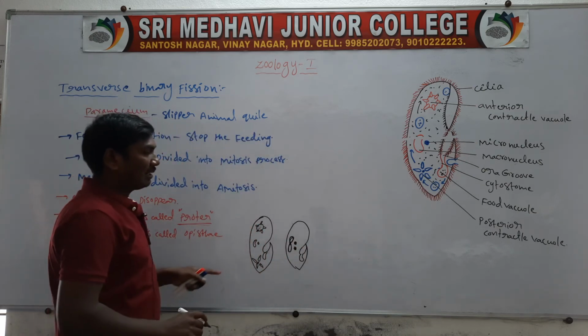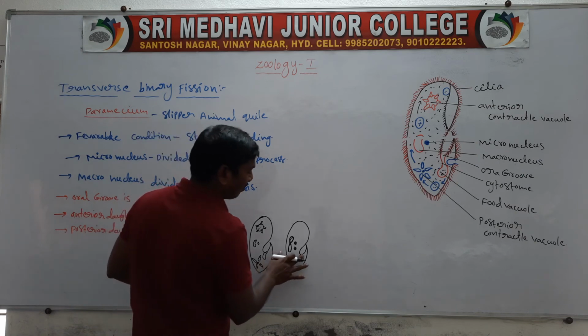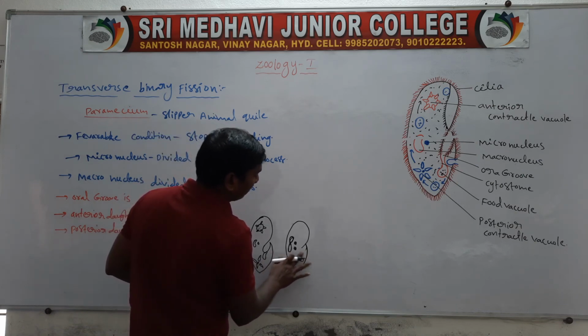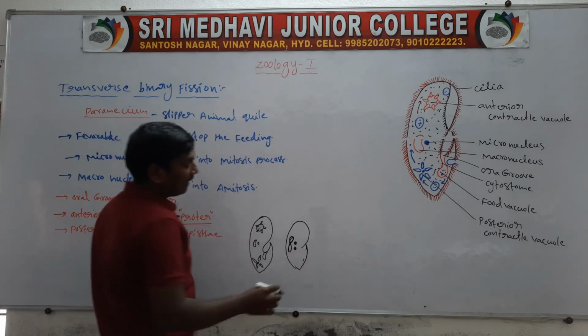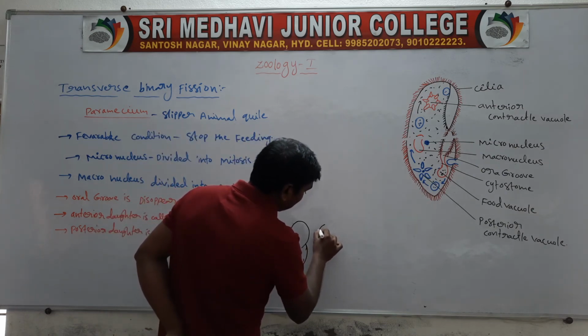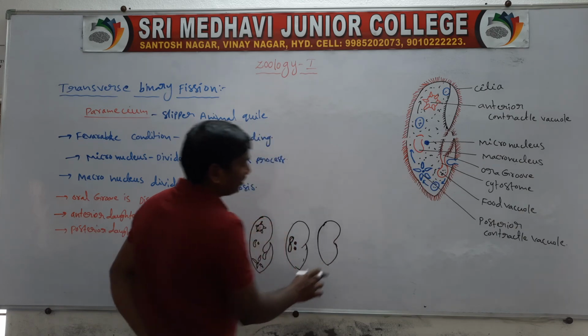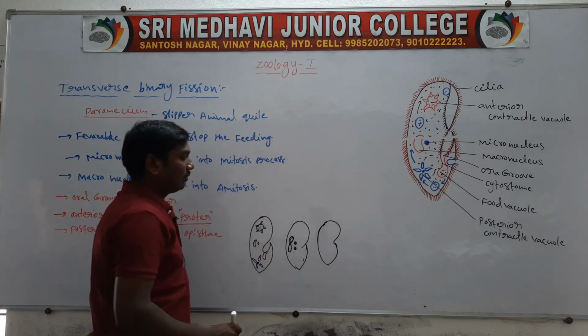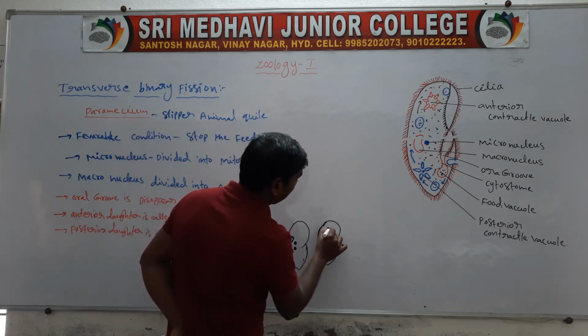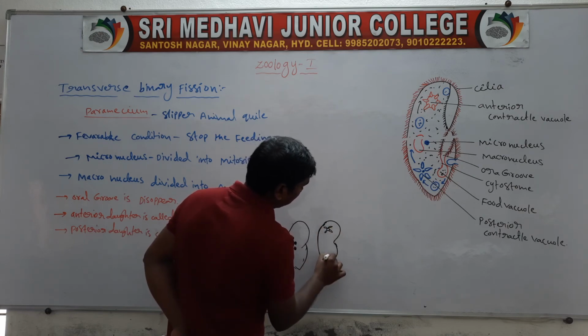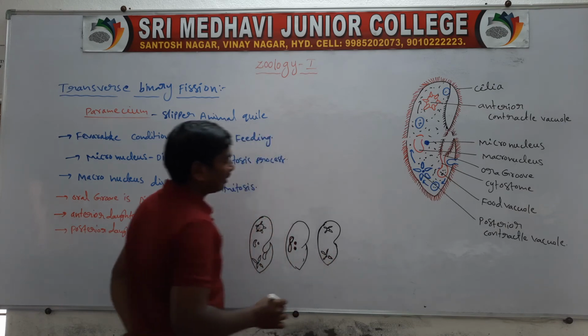The next step, the oral groove disappears. Starting from the right side, the transverse groove appears. This side has the anterior contractile vacuole, and this side has the posterior contractile vacuole.